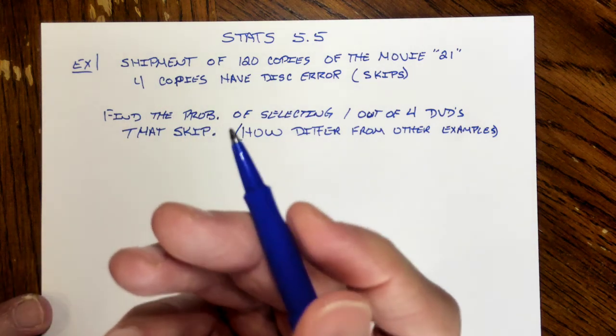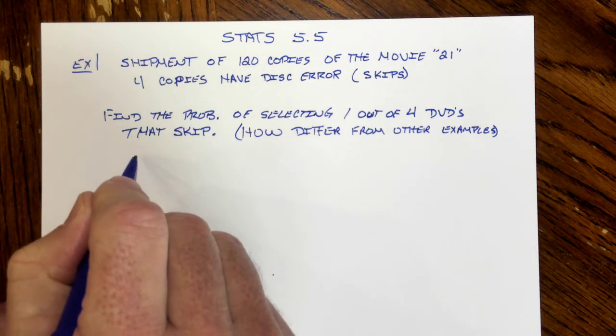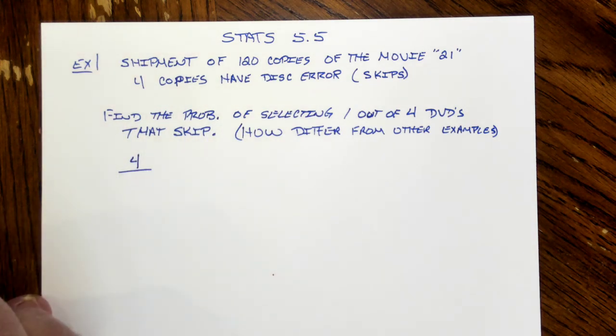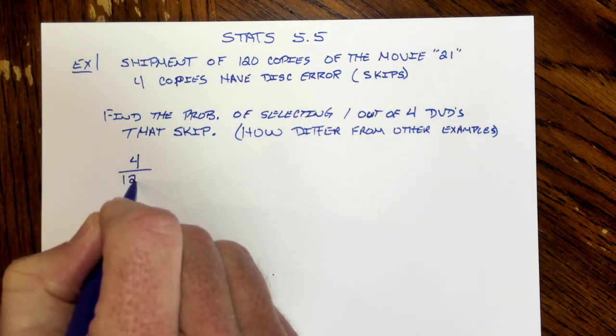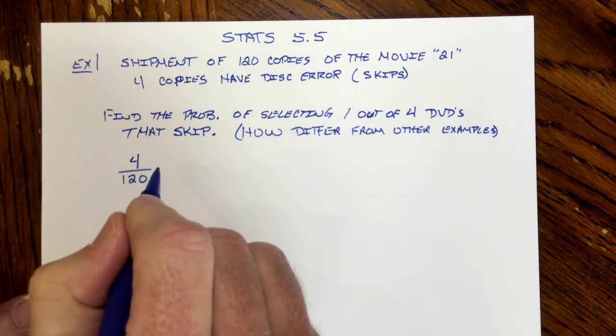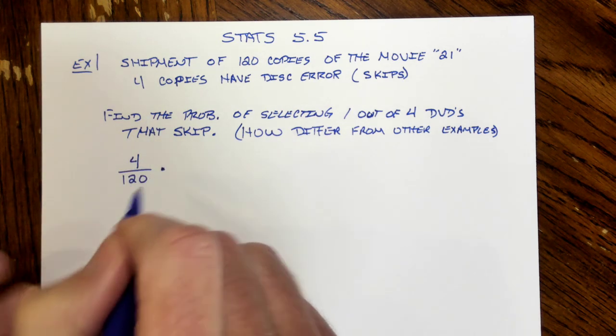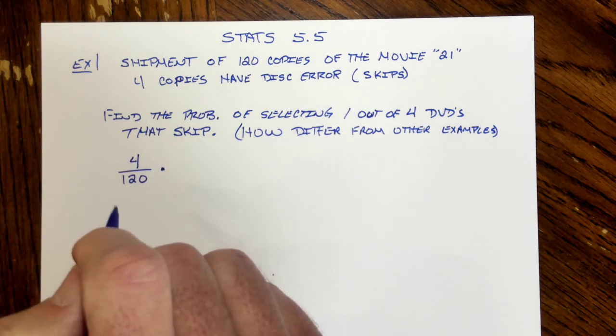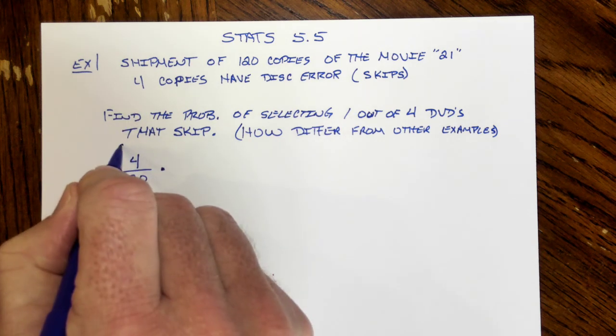So let's say we get it first. That's 4 out of what? 120. Then what's left? Well, one of the DVDs is out of the shipment, but this is for a skip.